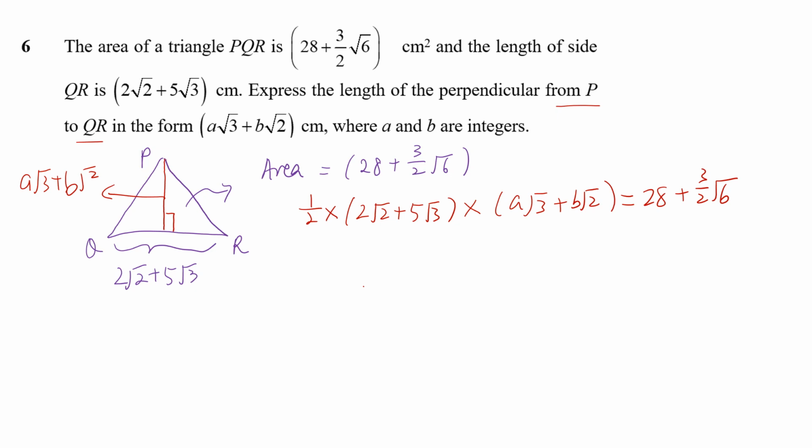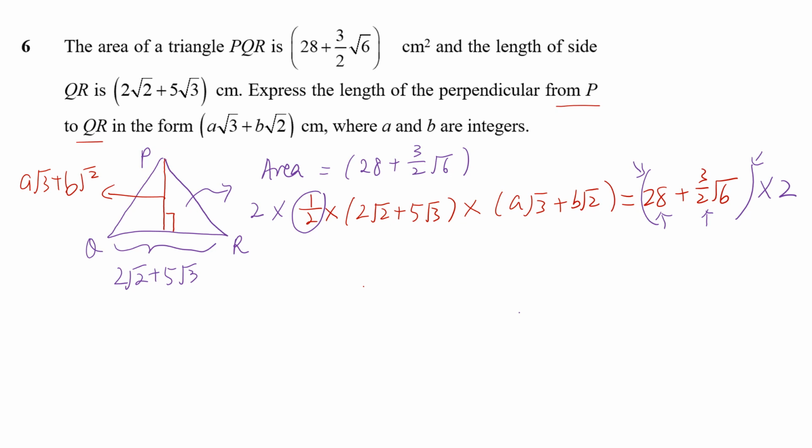So what I'm going to do is make this a whole number. I'm just going to multiply by 2 on the left, multiply by 2 on the right. And because there are two terms on the right, 28 and 3 over 2 square root 6, make sure you bracket it and then times 2.